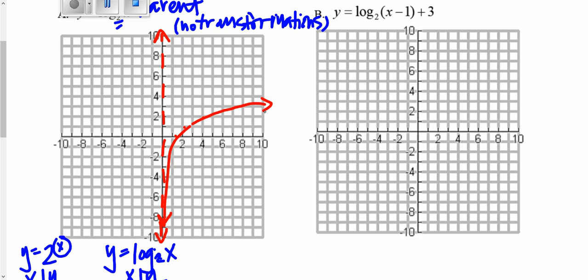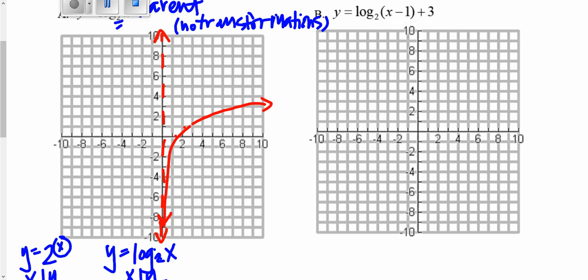You're going to see how it will actually take 3 tables for us to graph B. It's still log base 2, but we have a couple different transformations that we're also going to have to work with, so I will get there in a second.